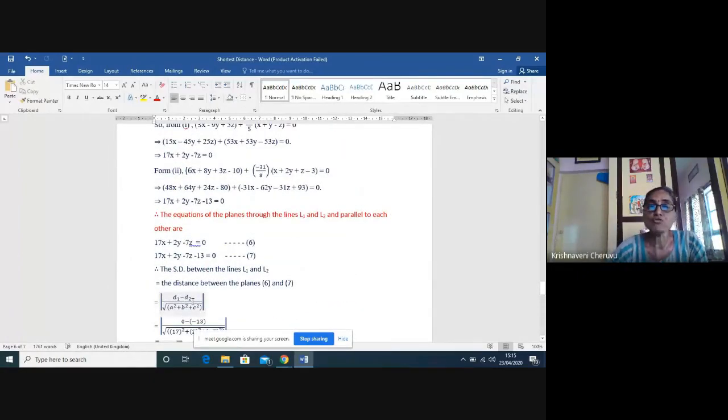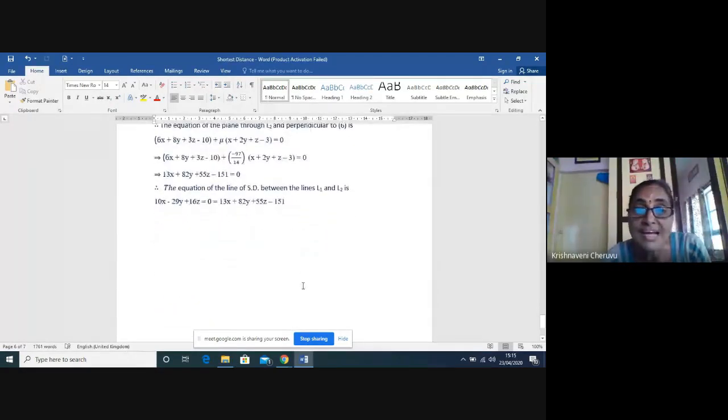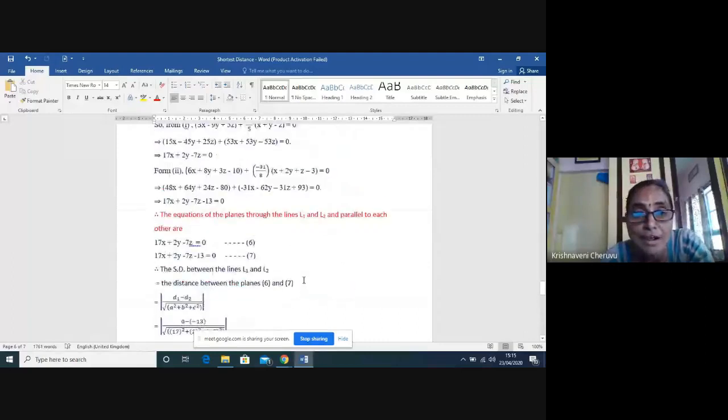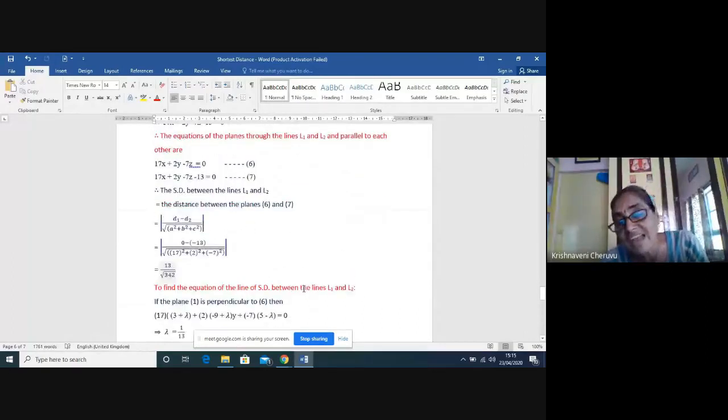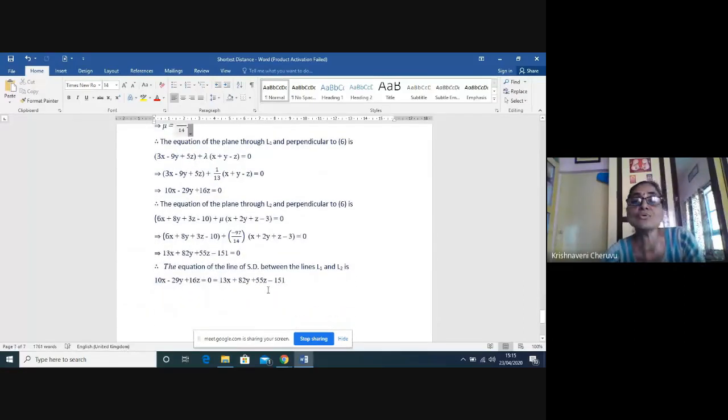The intersection of those two planes will give you a line, and that line is the line of shortest distance between the given two lines.